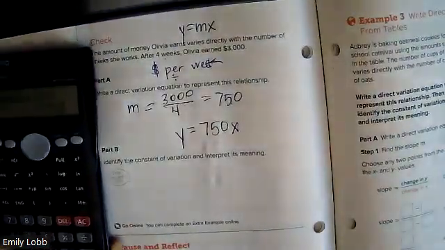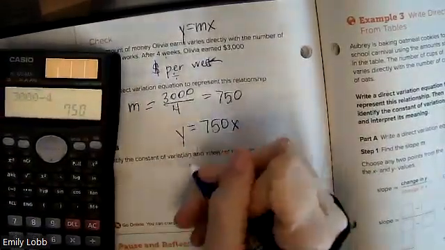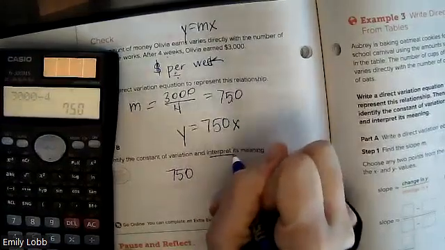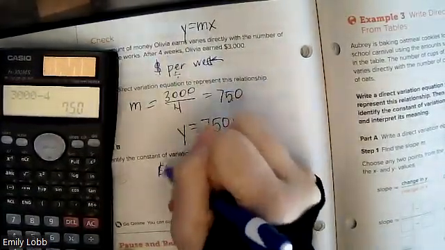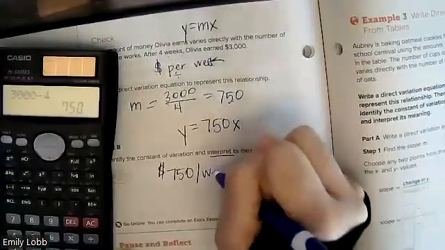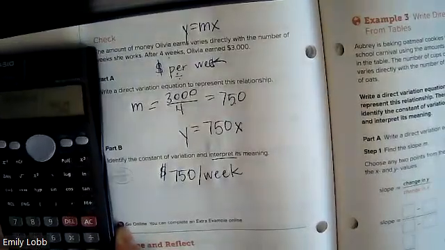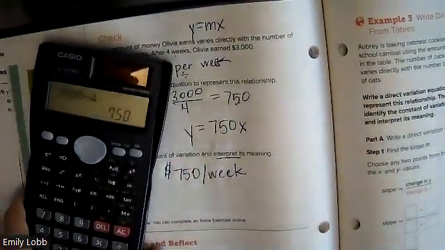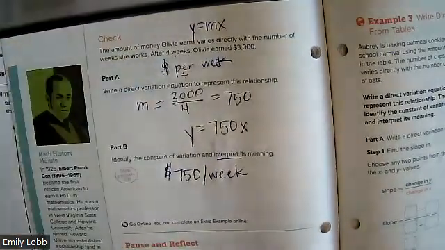That's it. So then we're identifying the constant of variation, 750, and interpret its meaning. We did dollars per week, so we're going to call this dollars per week. Does that make sense? That process? All right, last.